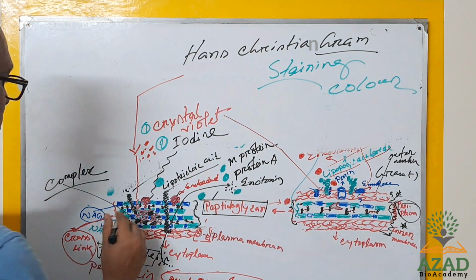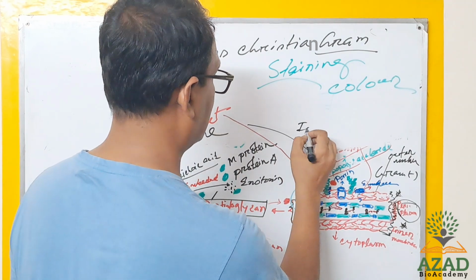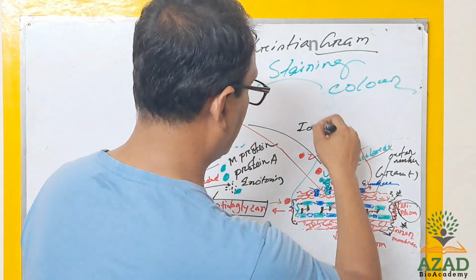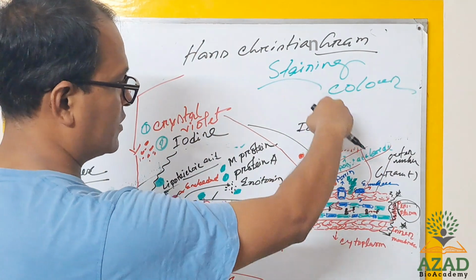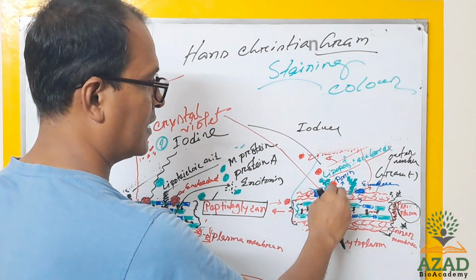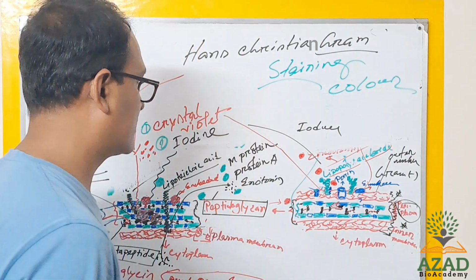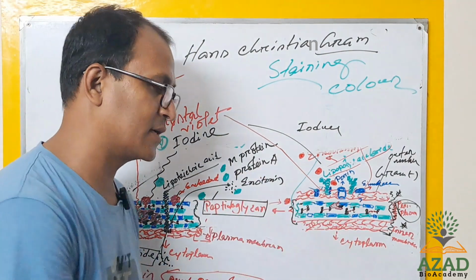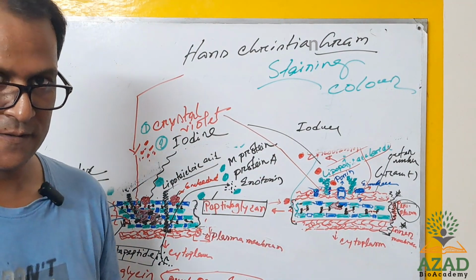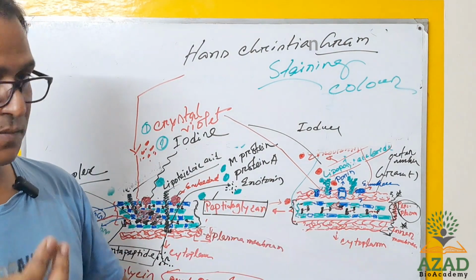Now here, if you add iodine, the chance of iodine incorporation is very low because of the outer membrane, and the binding with the crystal violet is also less, as the peptidoglycan layer is very thin and the outer membrane protection is there.